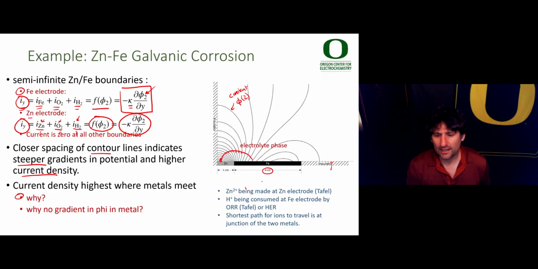And if you drop a lot of potential through the electrolyte, you have less of the fundamental driving force, which is going to be given by the difference in the potentials for driving oxygen reduction versus driving zinc dissolution. That's a spontaneous reaction. But if you have to lose a lot of the free energy, use it up driving ion transport, you don't have as much to drive the kinetics of each of these reactions on each electrode. So the current density is going to be highest right where these two electrodes meet.